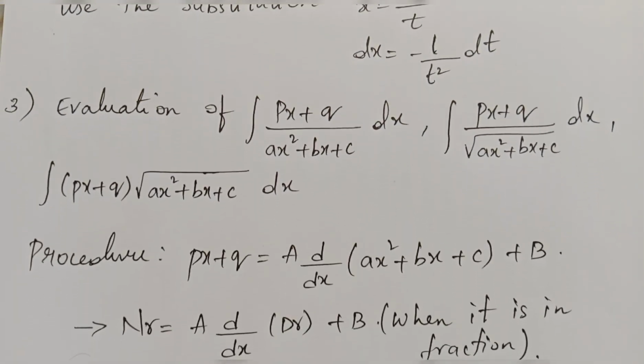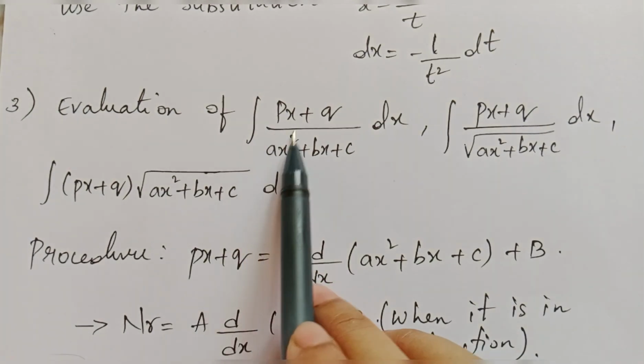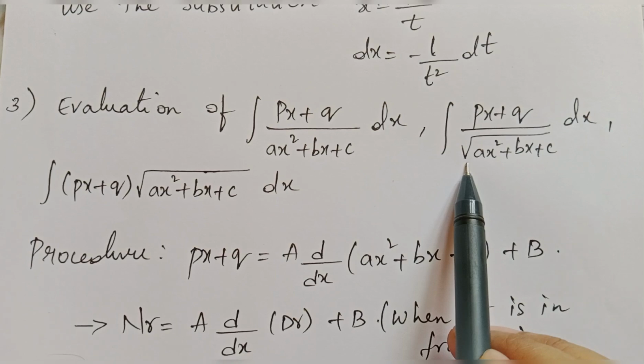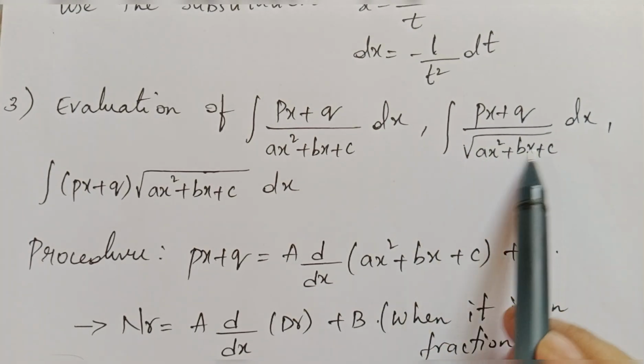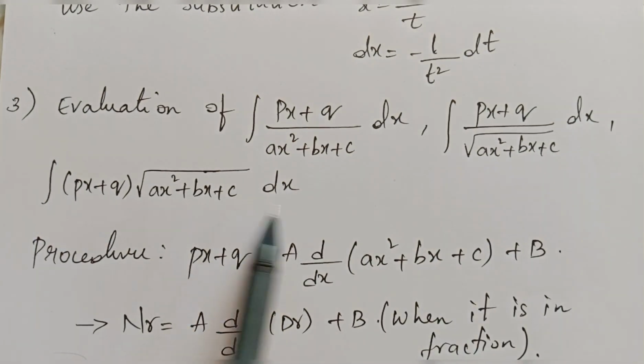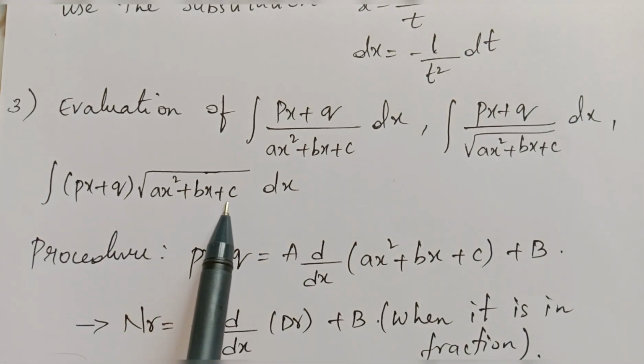And type 3 includes three types of questions. First is the integral of (px plus q) by (ax square plus bx plus c) dx. The second is the integral of (px plus q) by under root of (ax square plus bx plus c) dx. And the third is the integral of (px plus q) into root of (ax square plus bx plus c) dx.